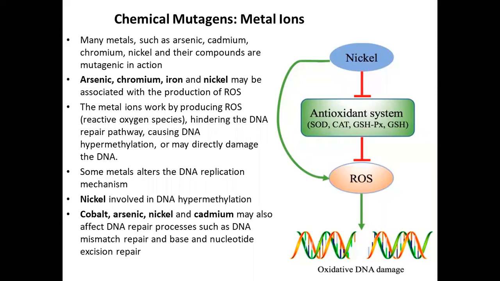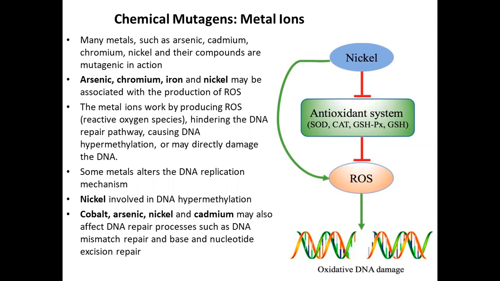We mentioned that they can cause hypermethylation. An example of such a metal is nickel. Then we talked about these metal ions affecting the repair processes. Examples include cobalt, arsenic, nickel, and cadmium.